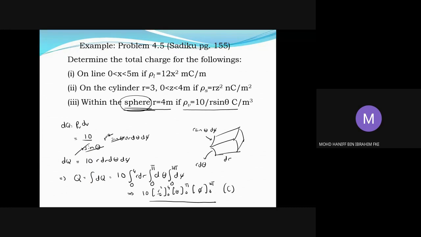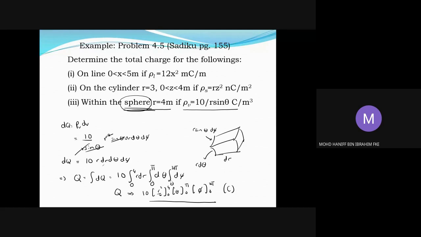Is that clear on this example? I hope that's clear, because in this example we do it step by step on the calculation of the total charge with the given charge distribution. We have the line, the surface, and the volume charge distributions.